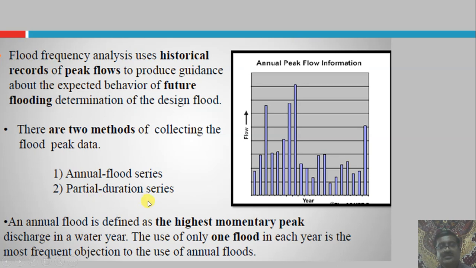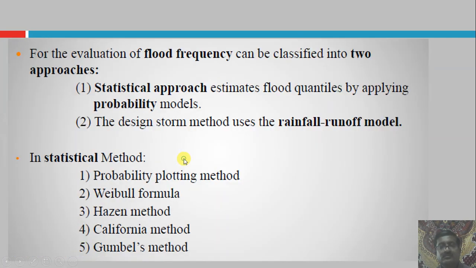Annual flood is defined as the highest momentary peak discharge in a water year, and the use of only one flood in each year is the most frequent objection to the use of annual floods. Here you can see this annual peak flow information plotted against a number of years and the flow. Such graphs are also useful.